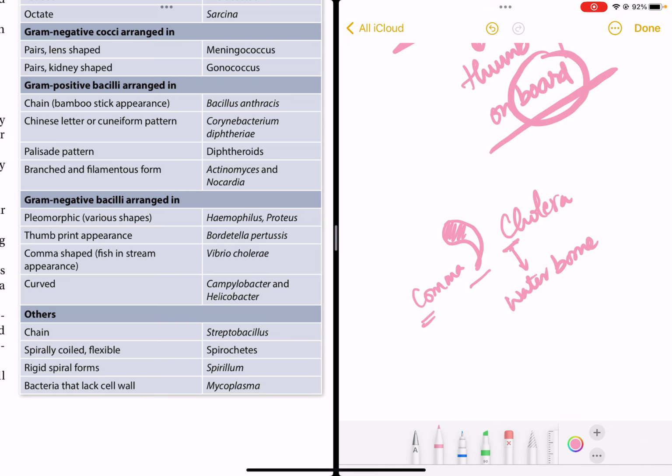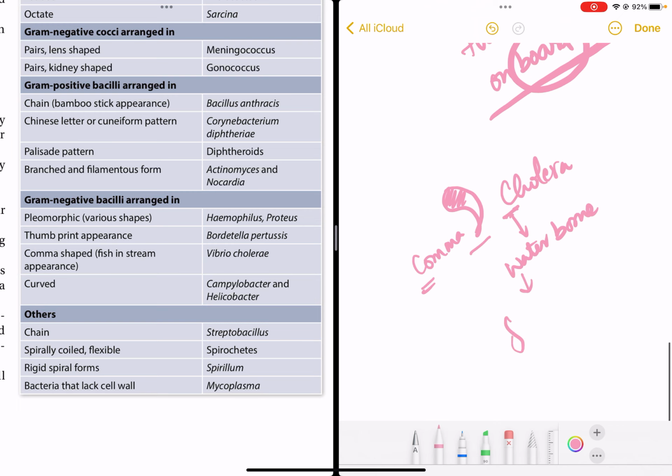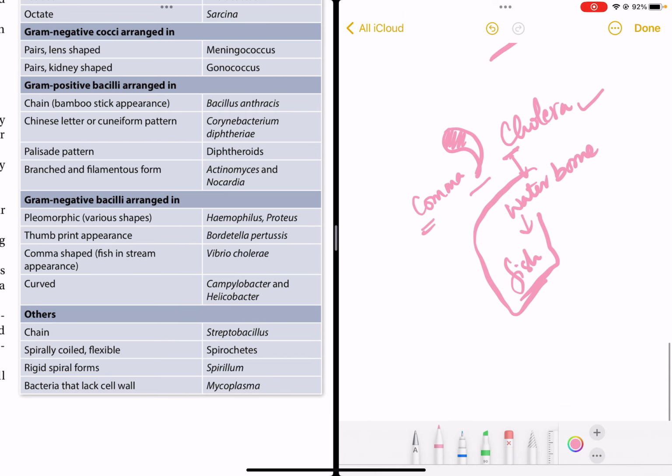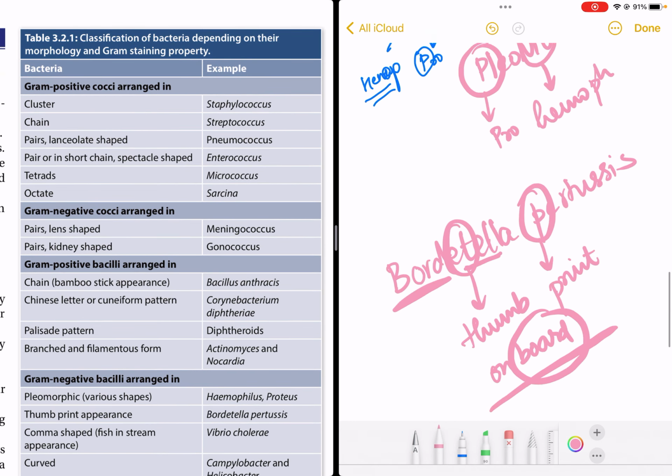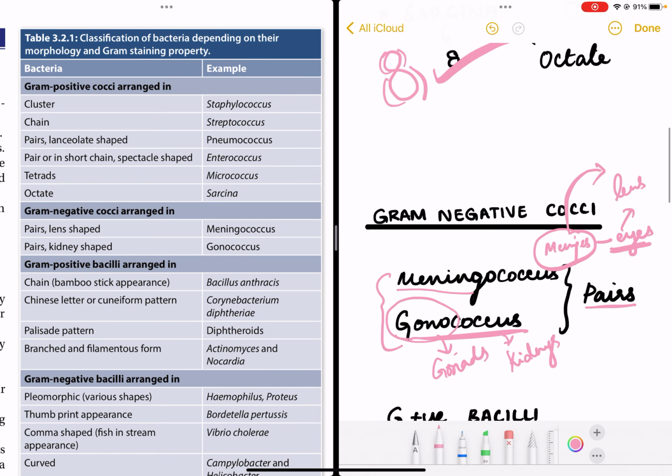So which animal lives in water? It's definitely the fish. So fish in water is for your cholera, Vibrio cholerae. Next is your curved appearance. Curved appearance is seen in Helicobacter and Campylobacter. Not really important.